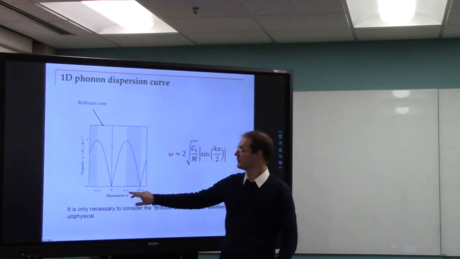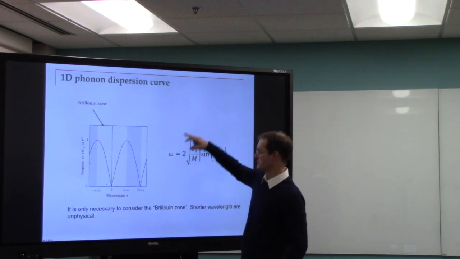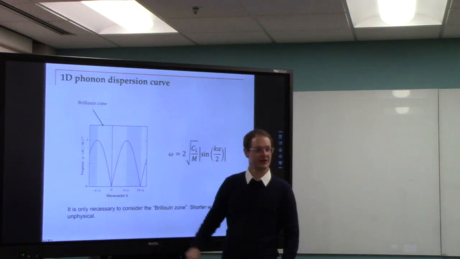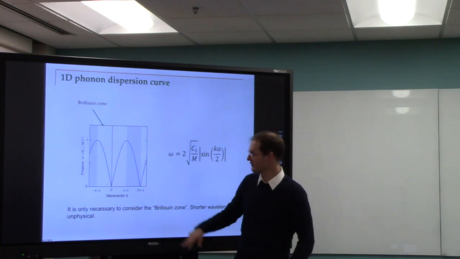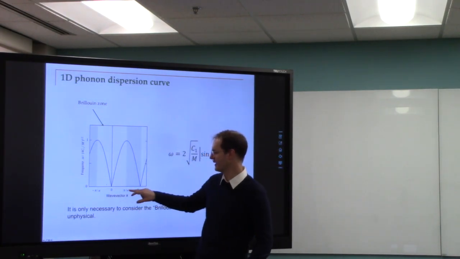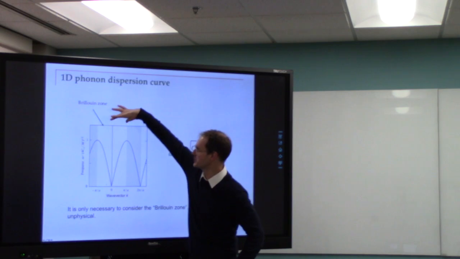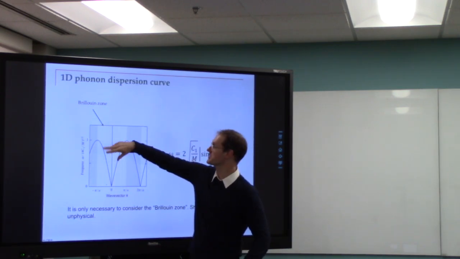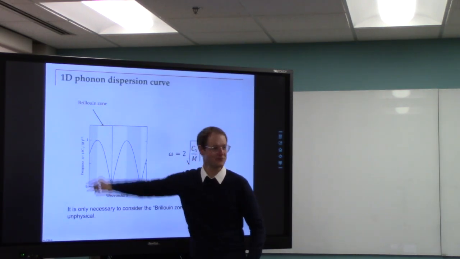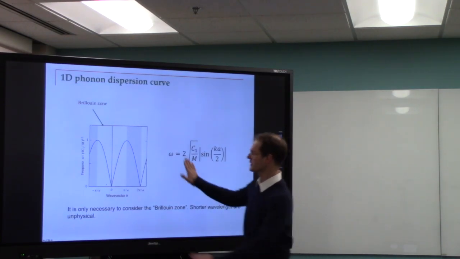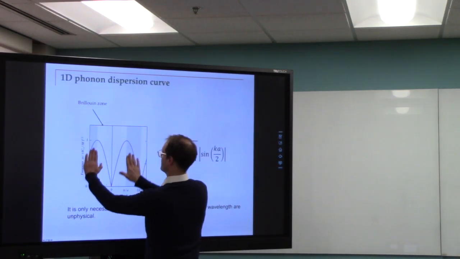And so you don't have to consider this function for every value of k. It's sufficient to only consider the values between minus pi over a and pi over a, which is in this light shaded region here. And this is called the Brillouin zone. Okay, so you can just think of this part here.